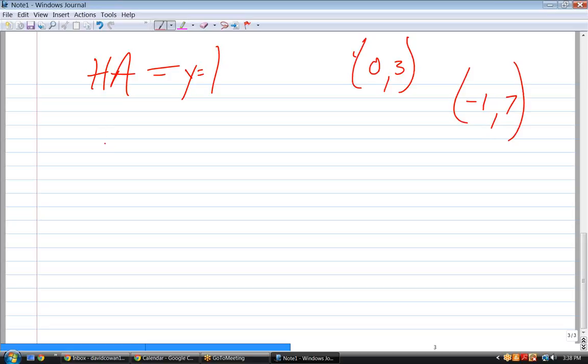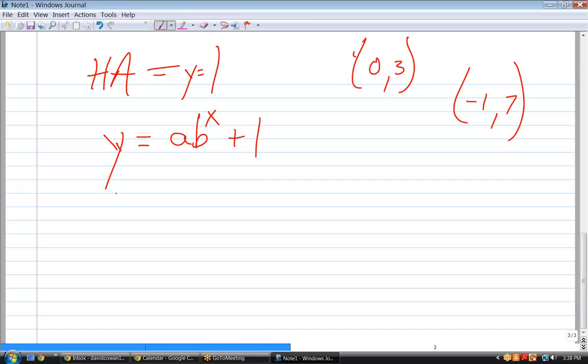So the general equation taking the asymptote into account is what? y equals ab to the x plus 1. Now we substitute in 0, comma 3.